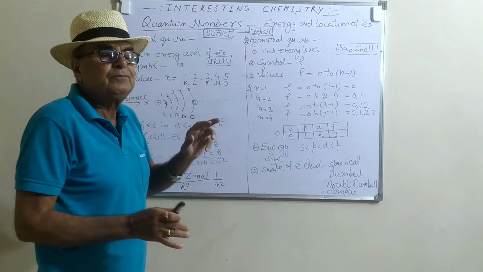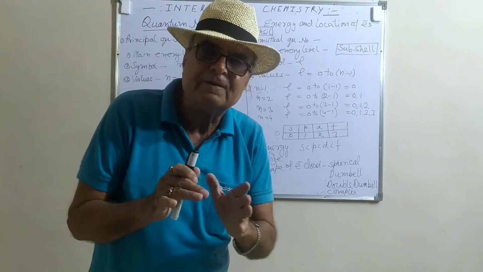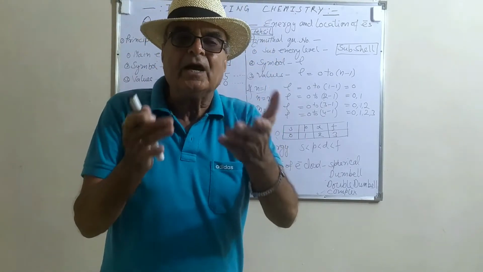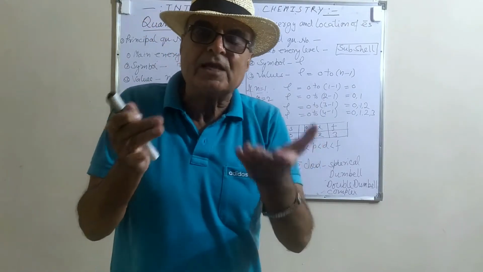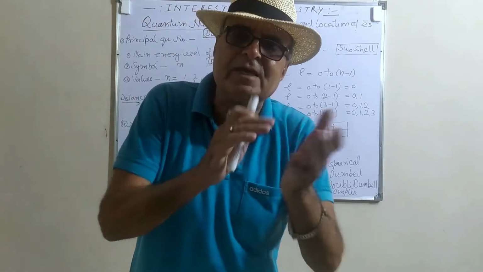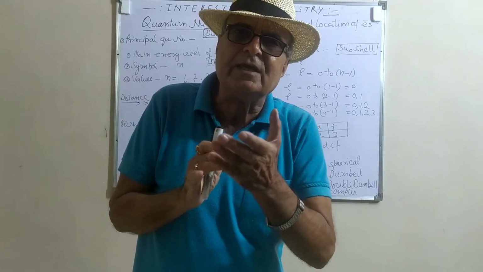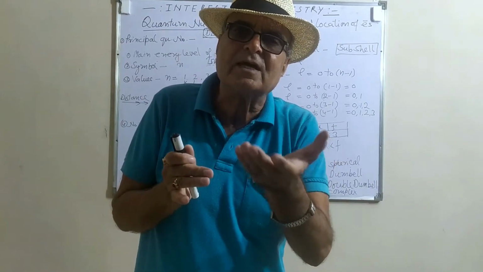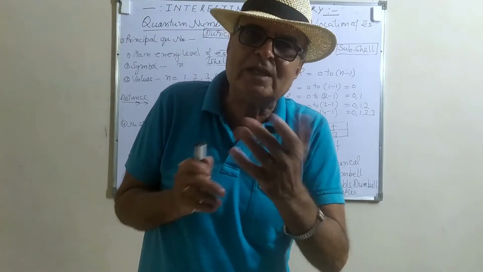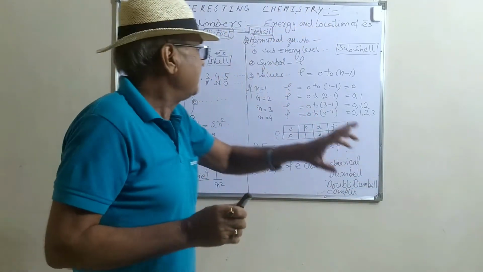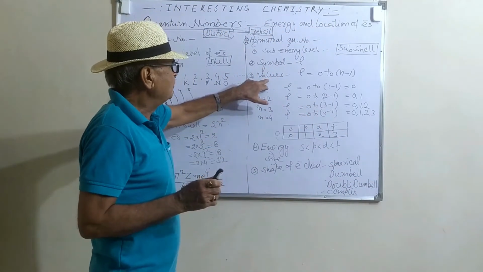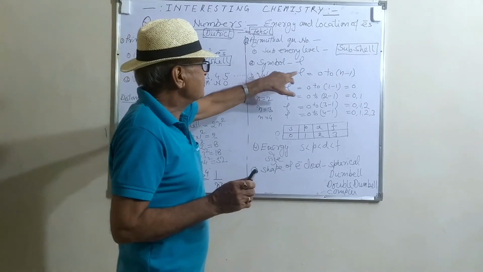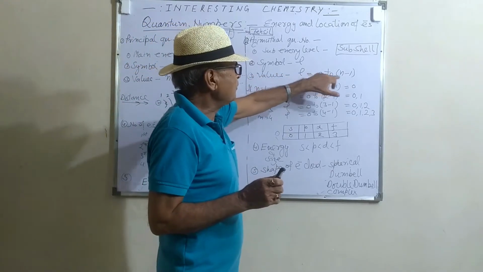I am telling you, in the first cell how many subcells are there, in the second cell how many subcells are there. So how will you calculate? This is the formula: L is equal to 0 to n minus 1.